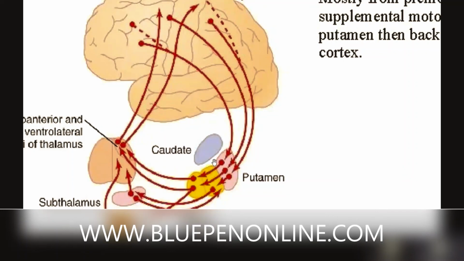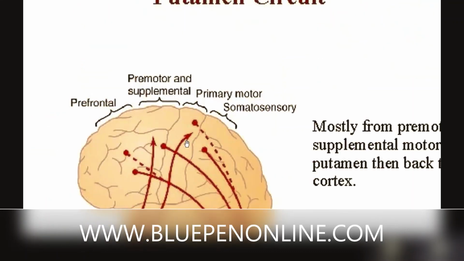The information will be analyzed, and from there it will again pass to the thalamus, and from the thalamus back to the cerebral cortex, especially the primary motor and the premotor areas, and from there through the descending pathway, the information will be given to the corresponding muscles. This is the putamen circuit.